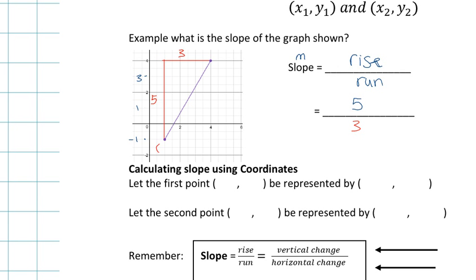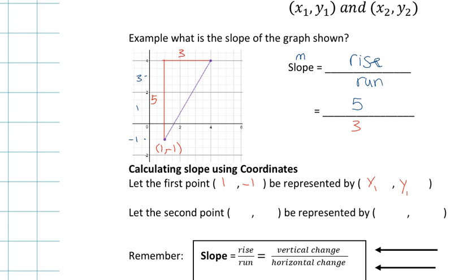What's the y value? Negative 1. So the first point is going to be 1 and -1. And we're going to represent it with x1, y1, because that represents the first point.